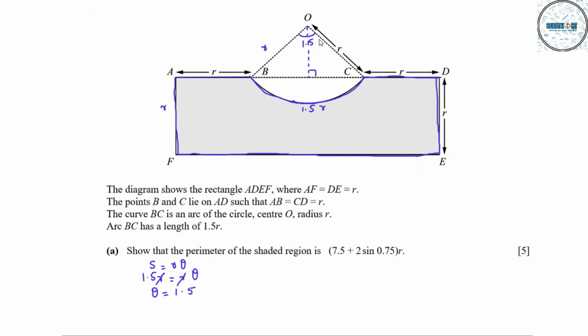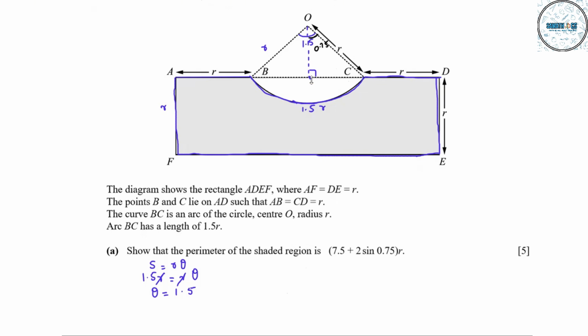And now this angle would be half of 1.5, which means 0.75. From here till here, it is half of BC. We have this R and we have this half BC.